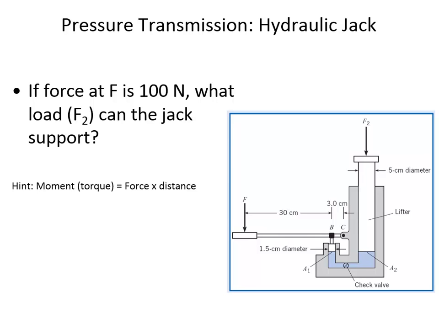And remember, the pressure will increase as we go down through the jack. I'm talking about the pressure right where that force is being transmitted into the fluid, at the interface of that steel cylinder that's pushing on the fluid and the fluid itself.